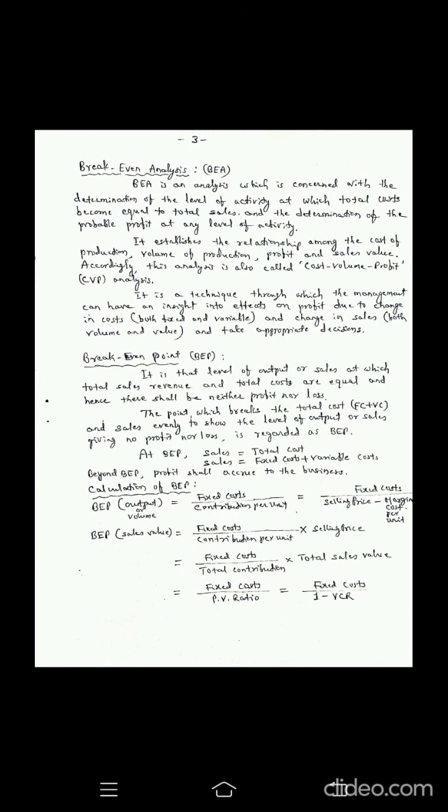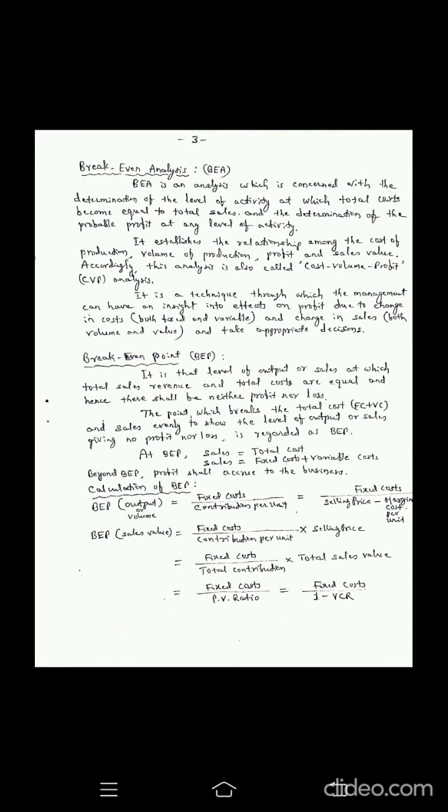Alternatively, it can also be computed with the help of PV ratio. That is, BEP in terms of sales value is equal to fixed cost divided by PV ratio, or fixed cost divided by 1 minus variable cost ratio.